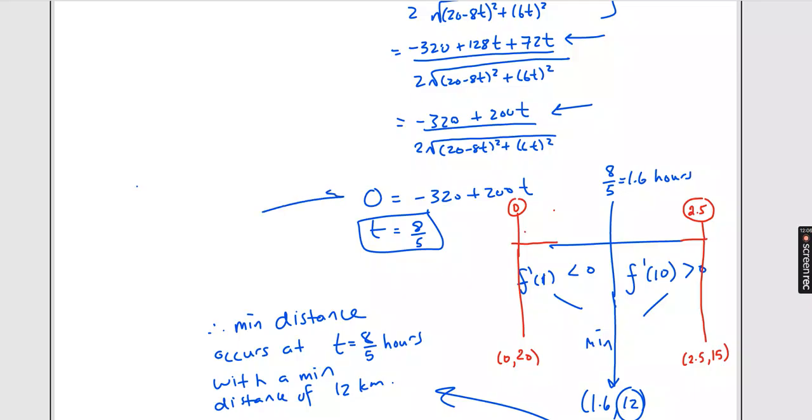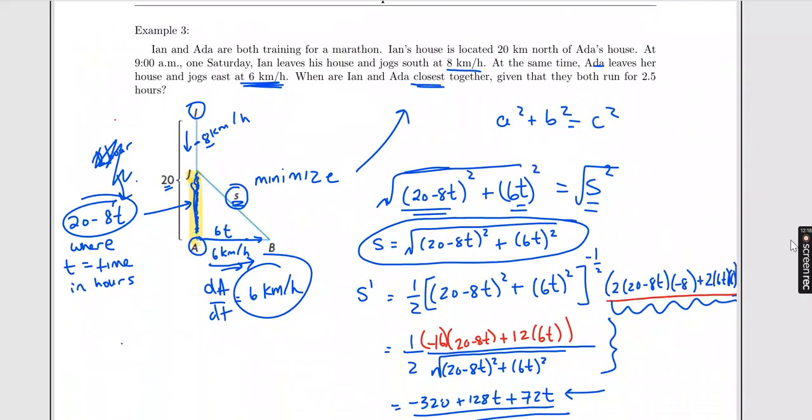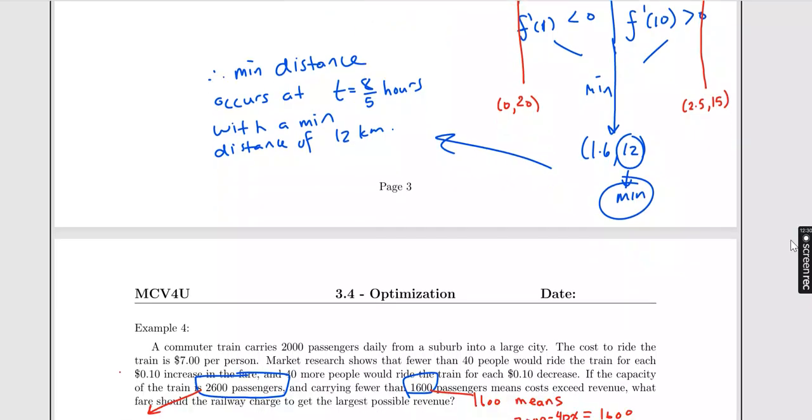And then I set that equal to 0, and I find t is equal to 8 over 5, which is about 1.6 hours. So what that is saying is at 1.6 hours, if Ada heads east and Ian heads south, the distance between them, which is what S signifies, will be the smallest.